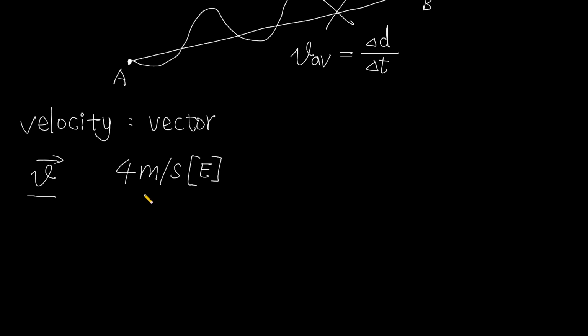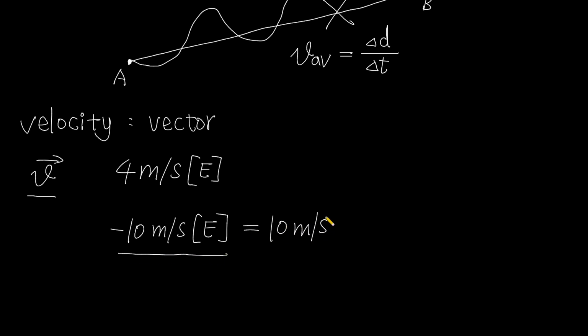We said that velocity can also be negative, so there also can be a velocity that is negative 10 meters per second east. What does this mean? In fact, this velocity equals 10 meters per second, and the direction is west. This indicates that the object is actually moving to the west.